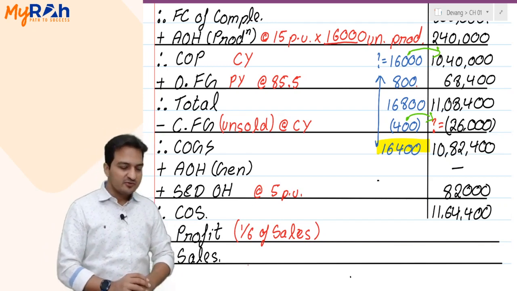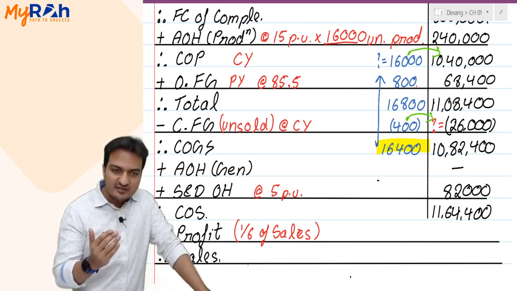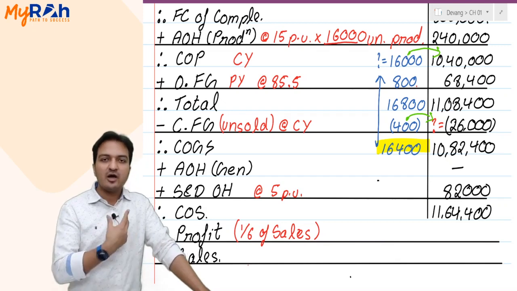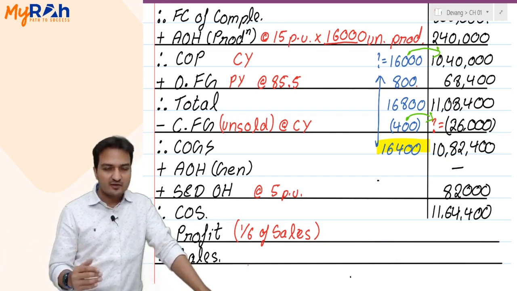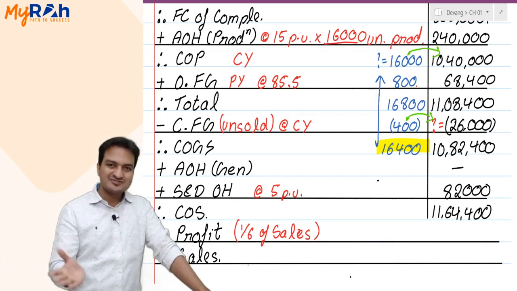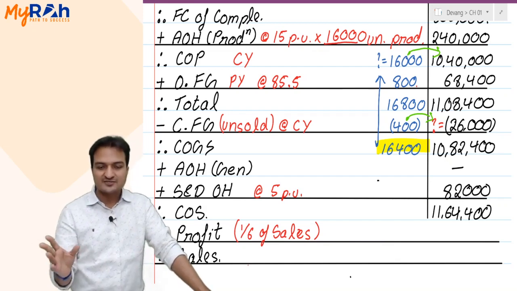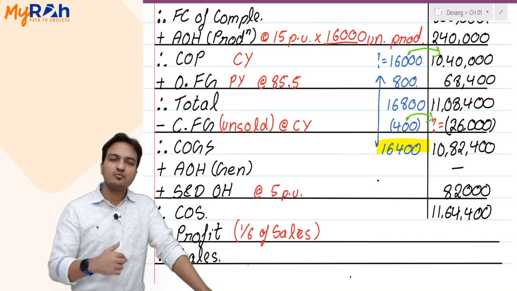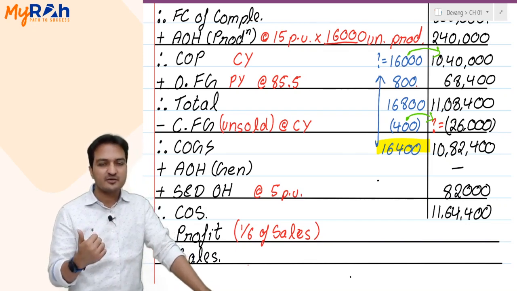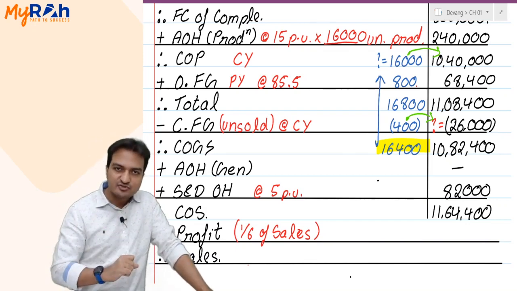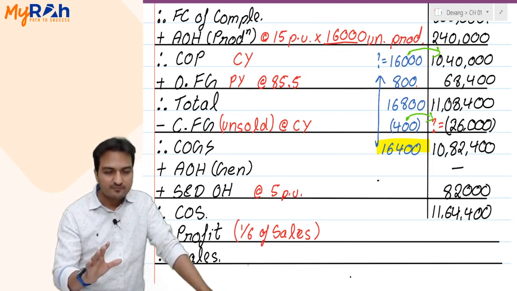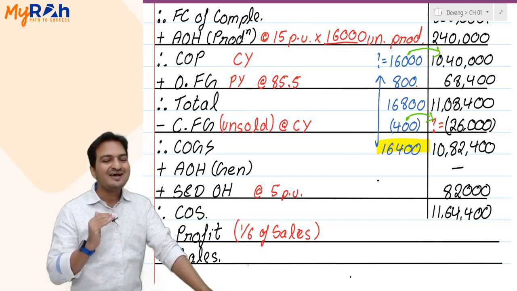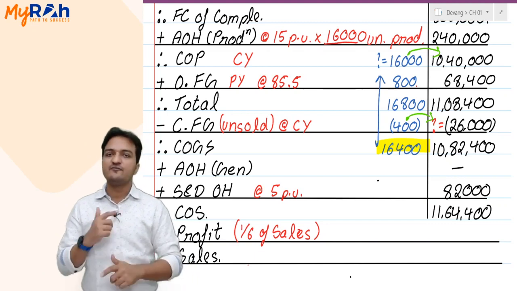In your accounts subject or maybe in your school days, you have been doing this shortcut calculation. That rate conversion is what you might have done in accounts. For my costing subject, yes, that will work, but I want you to learn a different method.